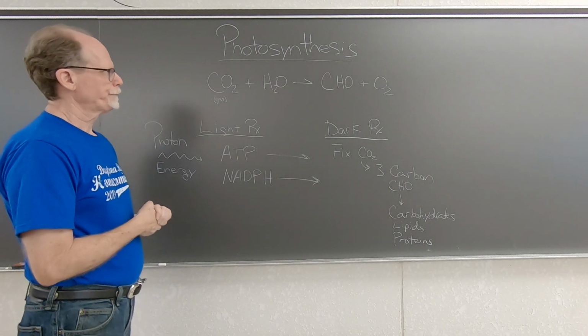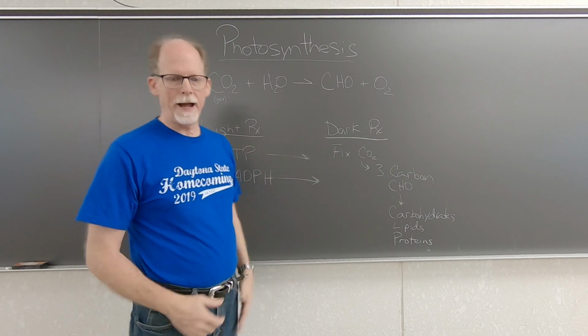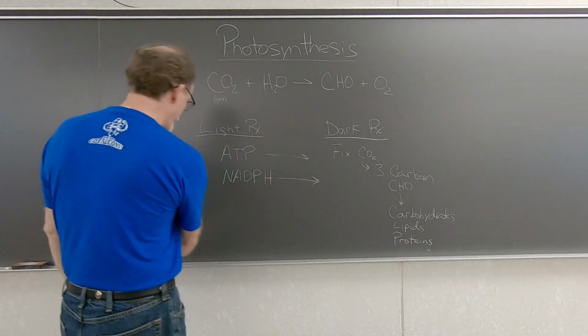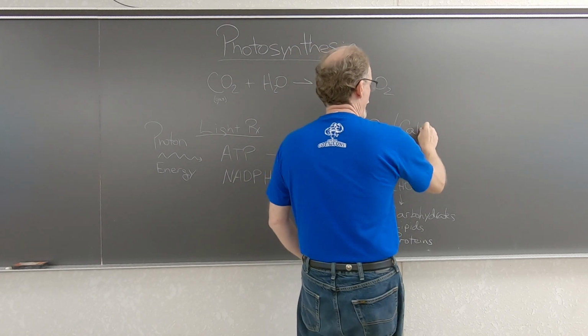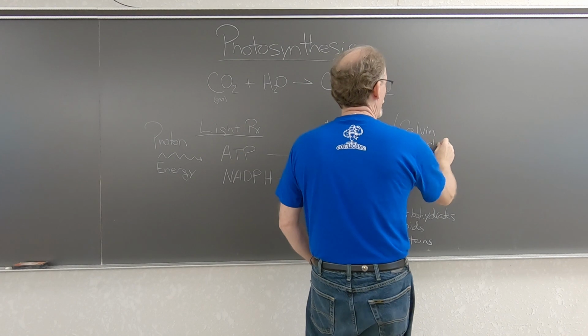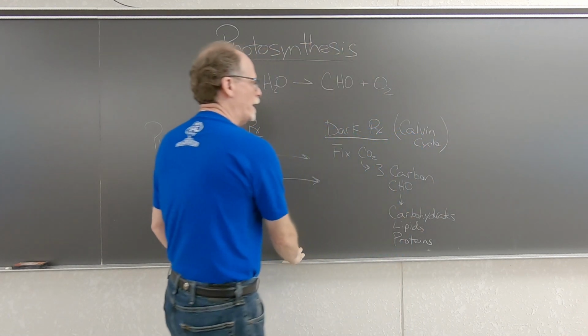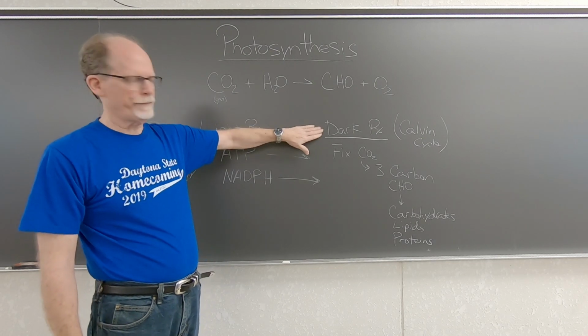And that allows, we call it the Calvin cycle too, right? The dark reaction or Calvin cycle. All right, they're synonymous. In our textbook, they stopped using the phrase dark reaction.